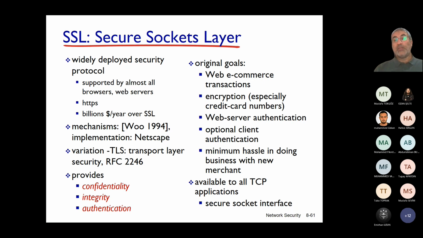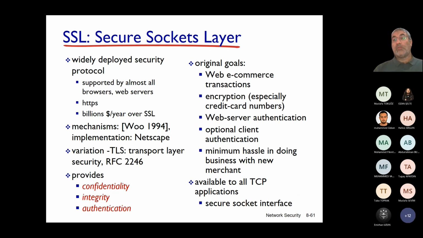The mechanism was developed by Woo in 1994, and one of the first implementations was in the Netscape browser. Then we have a variation, TLS, Transport Layer Security, whose standard number is RFC 2246. SSL provides the following three features: confidentiality, message integrity, and authentication.